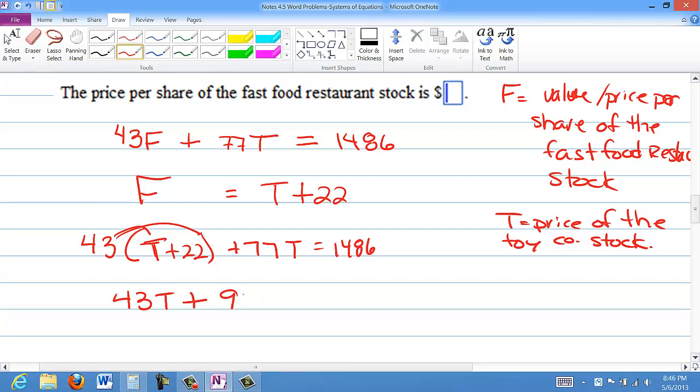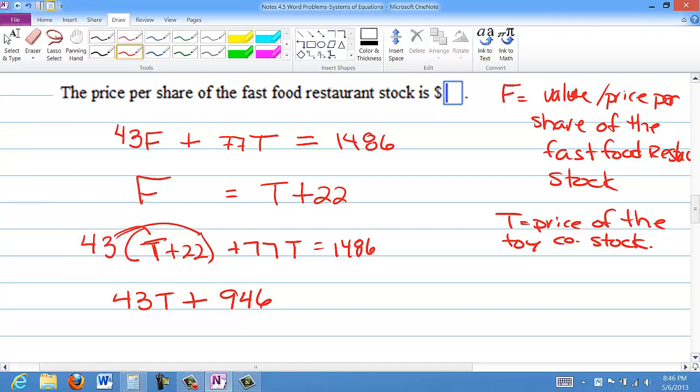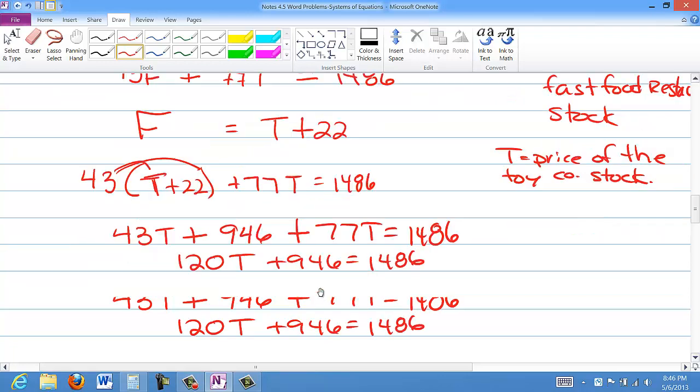So 946 plus 77T is 1486. Combine our like terms. 120T plus 946 is 1486.